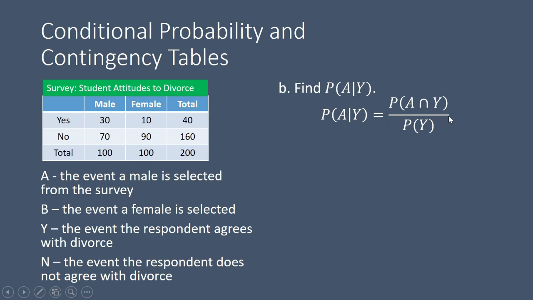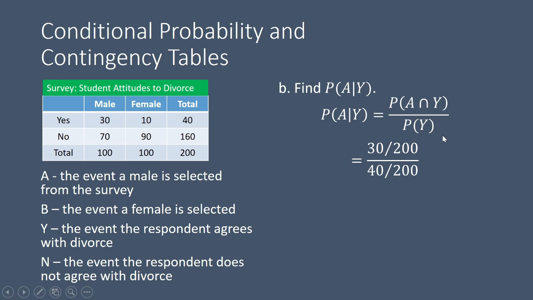What is the probability of A intersection Y? This is the event when the respondent is a male and the respondent agrees with divorce. So male and agrees with divorce, their intersection is this, 30. So P of A intersection Y is 30 divided by 200.